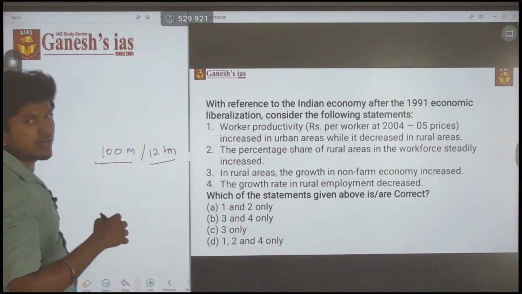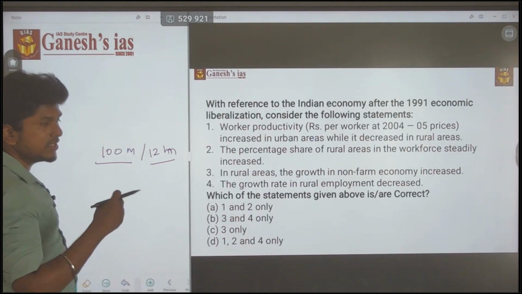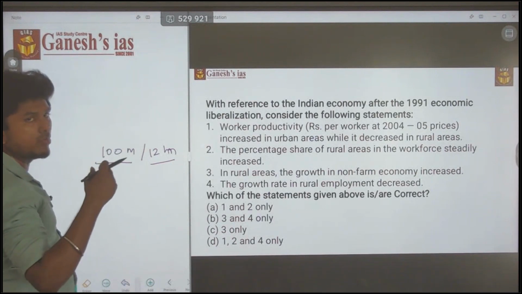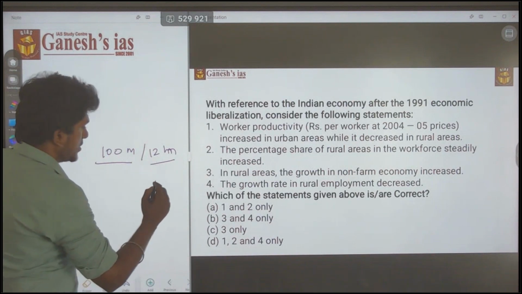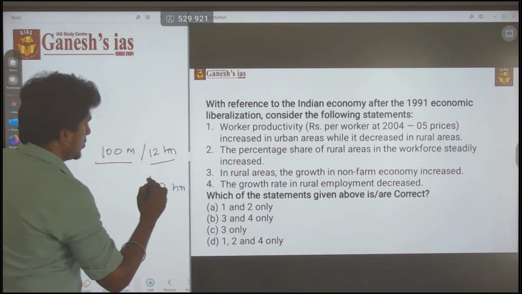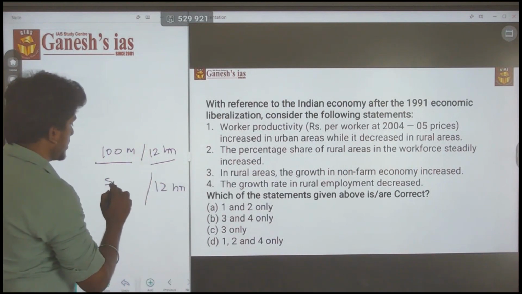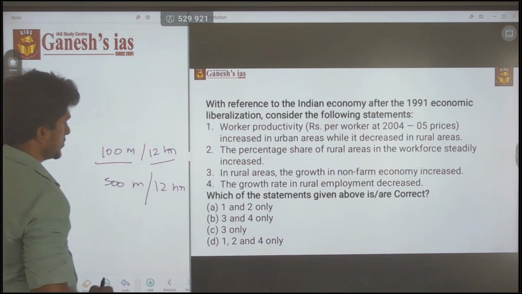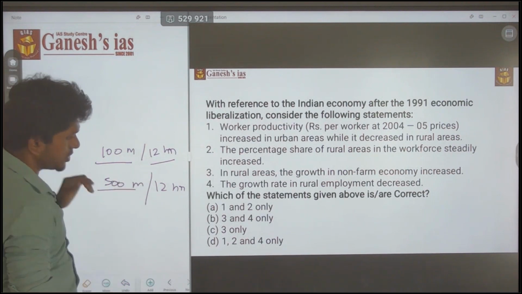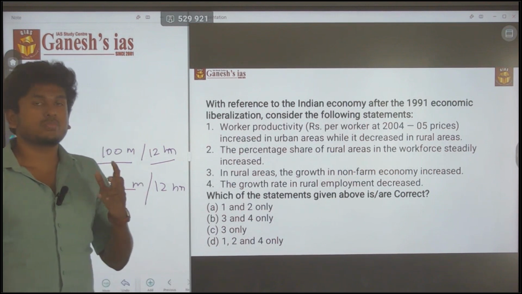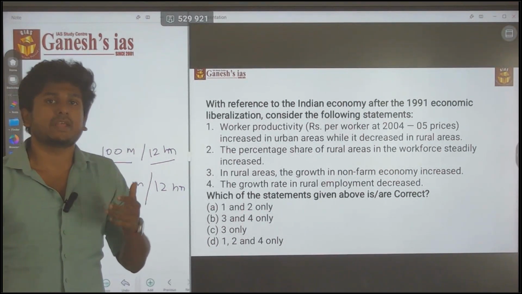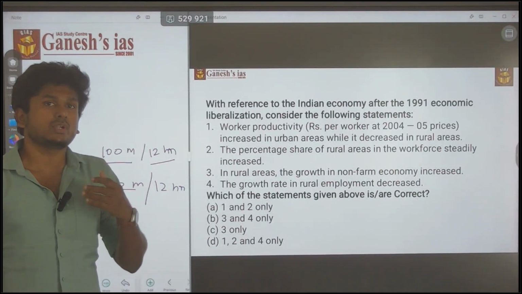That is his productivity for 12 hours. Whether productivity increases or decreases can be measured like this: the same person works for 12 hours but manufactures 500 meters of cloth. That means worker productivity has increased five times.